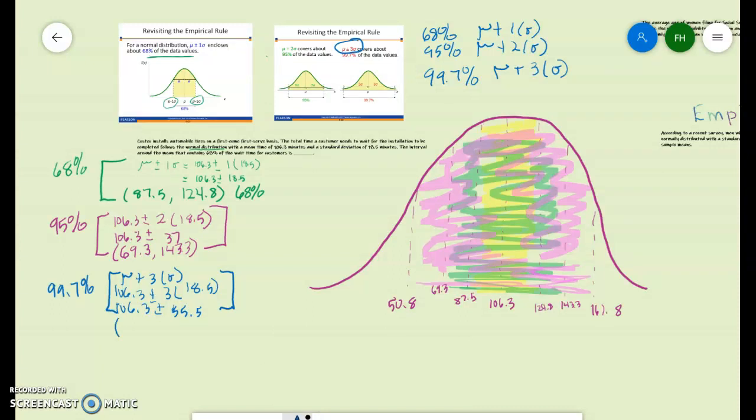So 50.8 and 161.8. And I'm going to double check those two values real quick, but let me know if you have any questions.